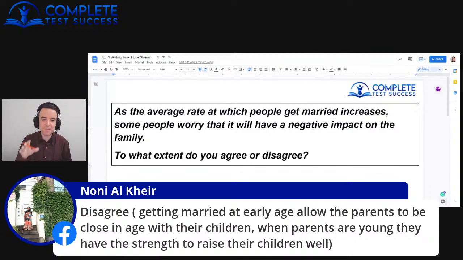I was right the first time. You agree it's better to get married when they're younger because they have more energy, more strength. So your main idea is actually relevant and specific once I read the explanation, but it should be you agree, not you disagree.